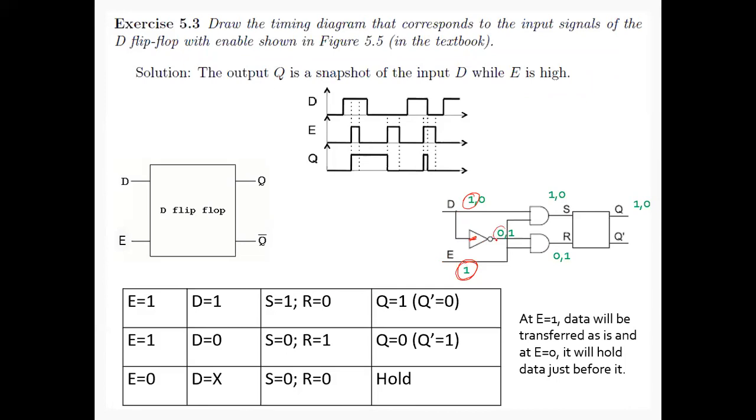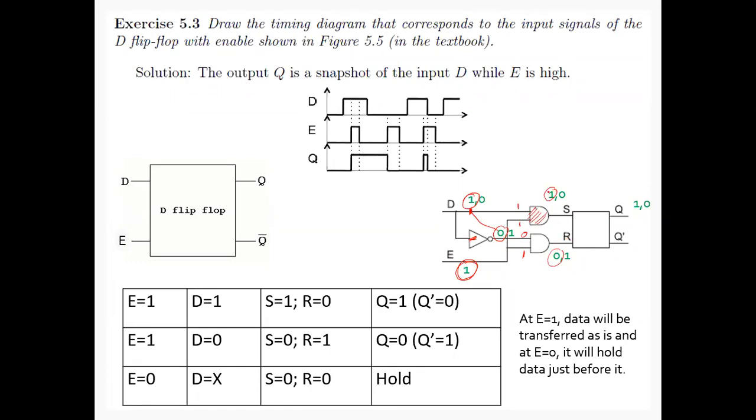The NOT gate, right? This 1 becomes 0 here. Then this is 0, this is 0, and this is 1. And how about here? This is 1. This is 1. What does this give you? 1. This gives you 1. And how about this one? 0. So S equals 1, R equals 0.